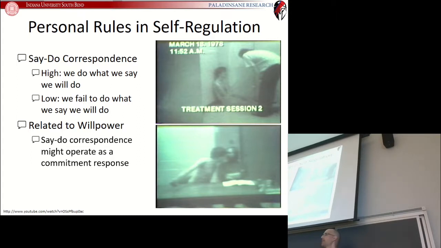So if you remember the idea of the commitment response, putting something on the line, where if you fail to do what you said you were going to do, you will forfeit that commitment. What people do in personal process rules is they will put their say-do correspondence on the line.